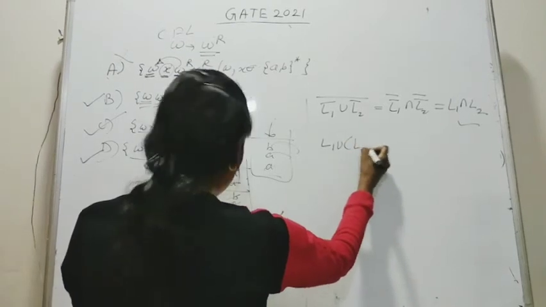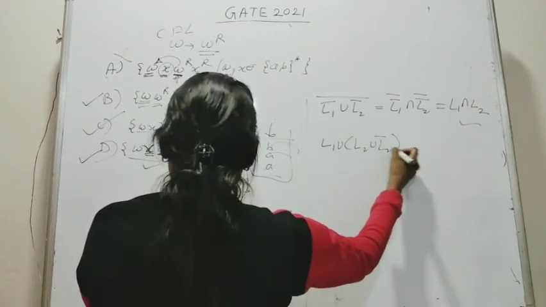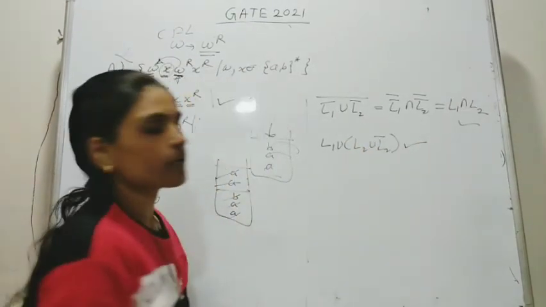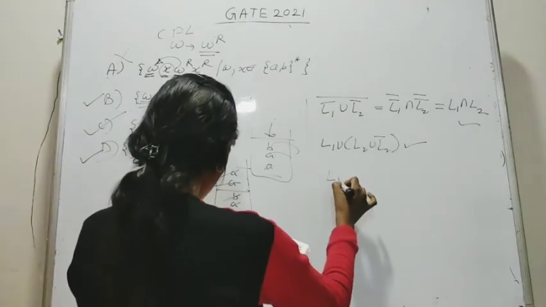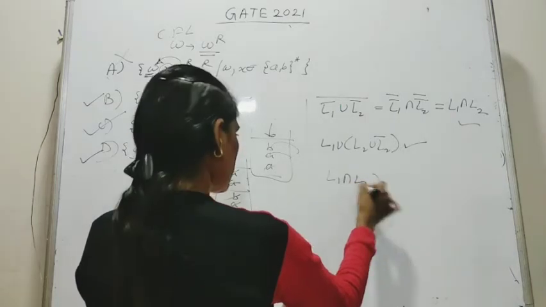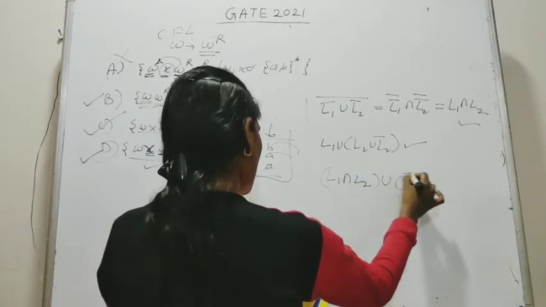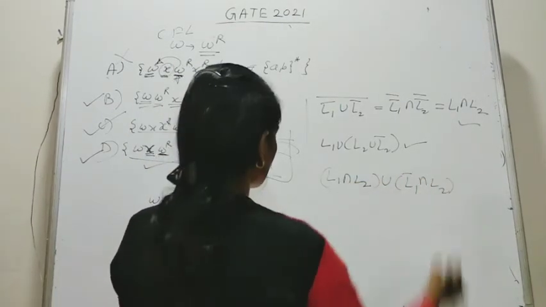L1 union L2 union L2 bar. This is also a regular language and is a CFL. L1 intersection L2 union L1 bar intersection L2.